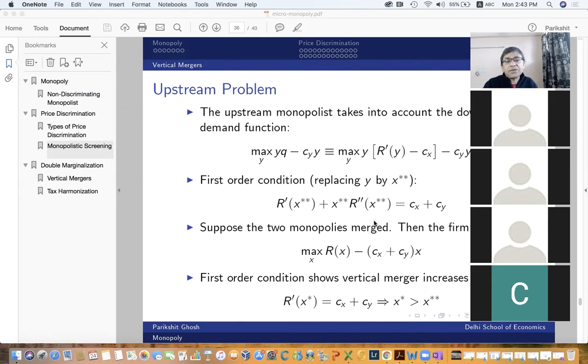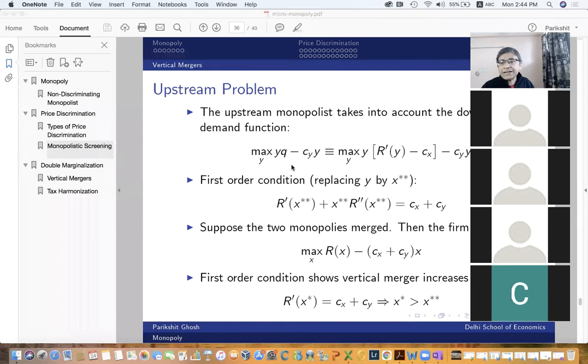The overall profits have increased, and consumers are better off. They're getting the product at lower prices. So this is an example of a Pareto improvement. The merger creates a Pareto improvement. The effect is dramatically opposite if Hewlett-Packard and Dell, two firms selling close substitutes, merge together.